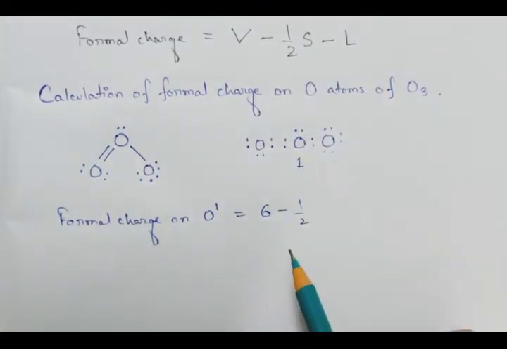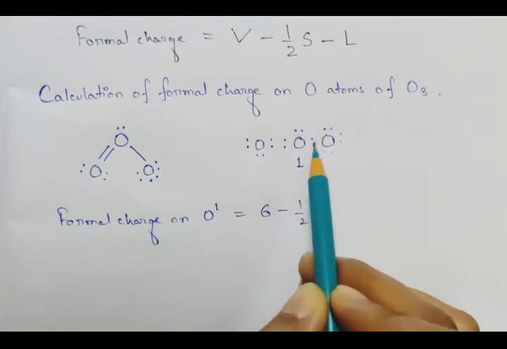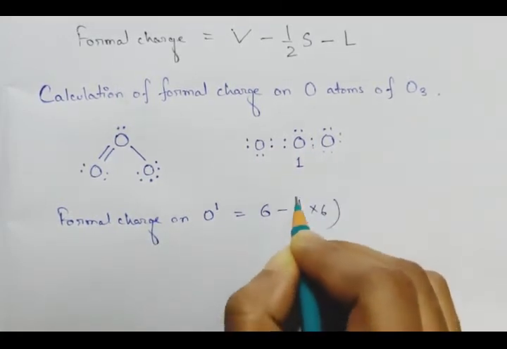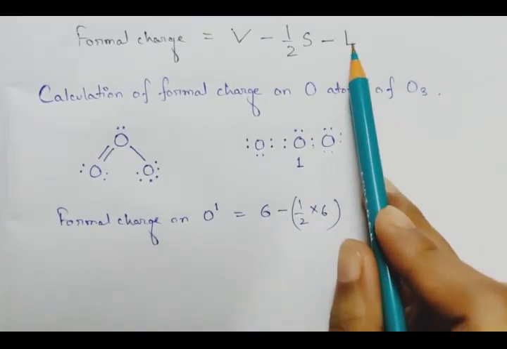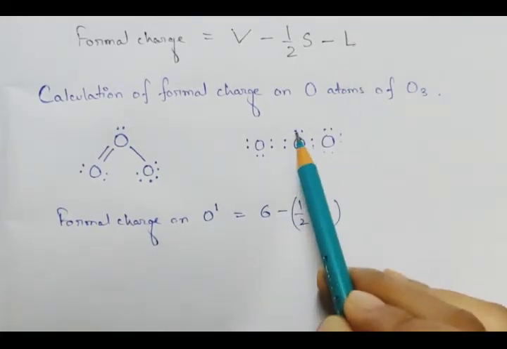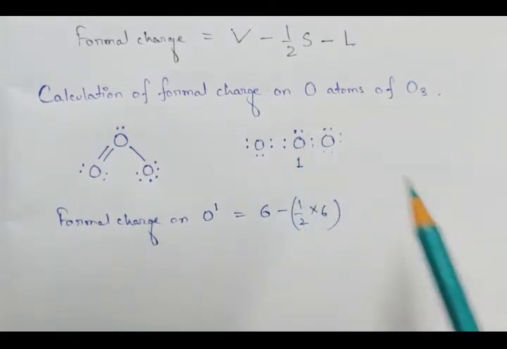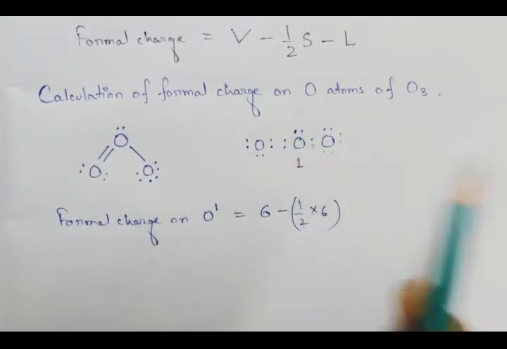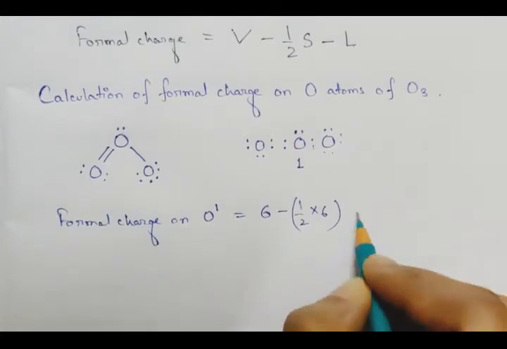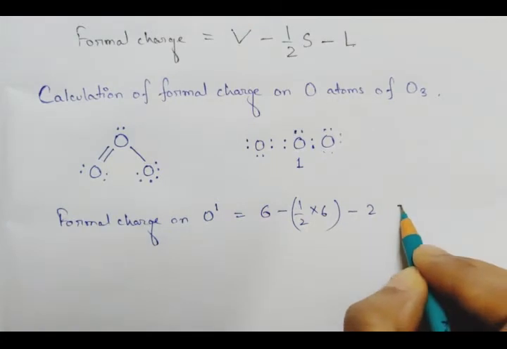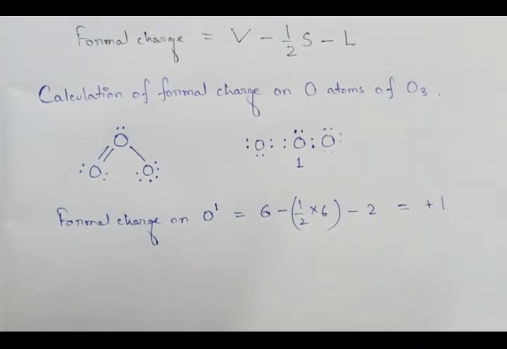Here how many electrons have been shared? 1, 2, 3, 4, 5, 6. 6 electrons have been shared, so half into 6. Now for the unshared valence electrons, there is only one lone pair, so 2 electrons are not shared here. So it will be 2. This will turn out to be plus 1.